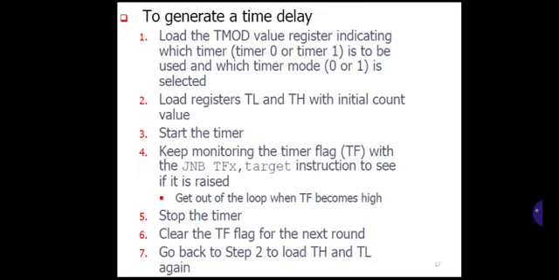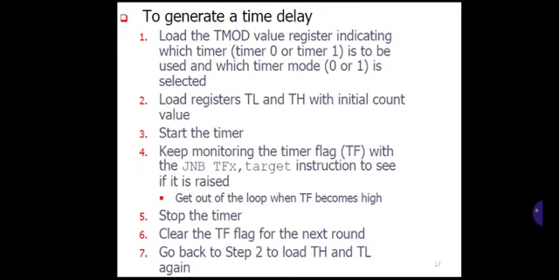Whenever it is equal to 1, what happens? Get out of the loop when TF becomes high. Unless and until it becomes high, keep on checking the TF flag. That means the target address should be at the same place.